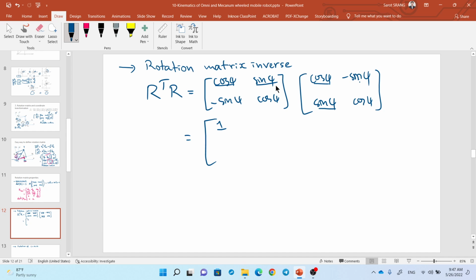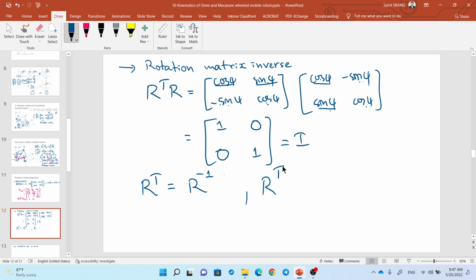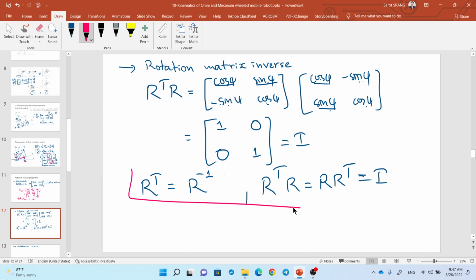Cosine times minus sine plus sine times cosine, so you get 0. Minus sine times cosine plus cosine times sine, you get 0. Minus sine times minus sine, sine squared, plus cosine times cosine, cosine squared, added together 1. So this is just the identity. If it is the identity, it means R transpose equals R inverse. Then R transpose R equals identity. This is a very important property of the rotation matrix, and you must remember.